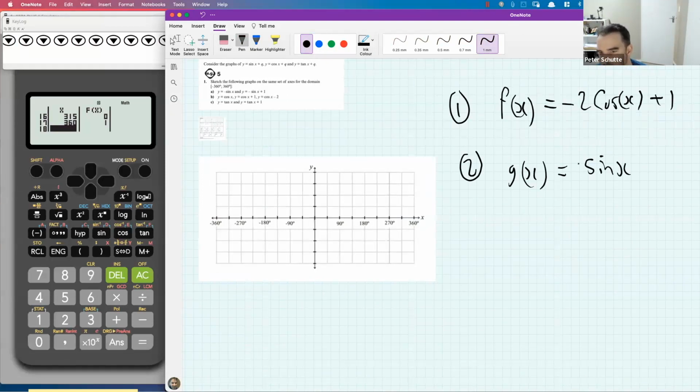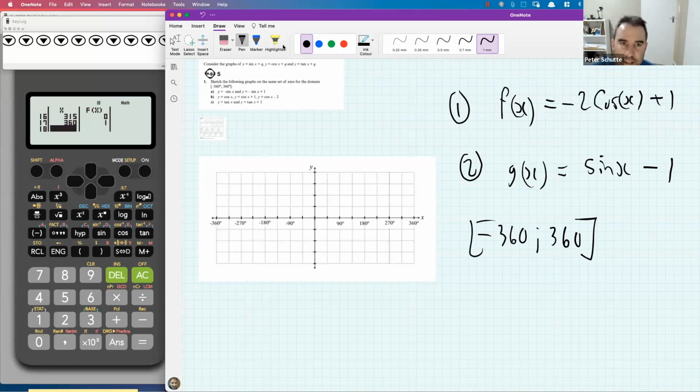Should we make it sine x minus 1? And I want you to do this on the domain minus 360 to plus 360. I think this is probably going to be the last one tonight, or the second last one. I want to see, can you draw these 2 trig functions for me, using what we've learned about tonight.